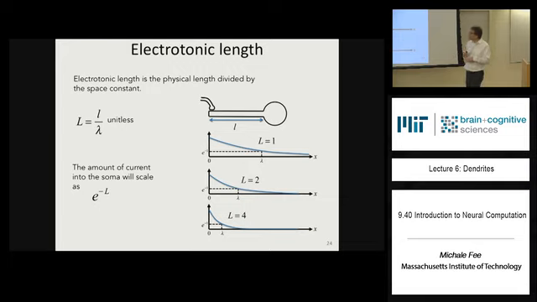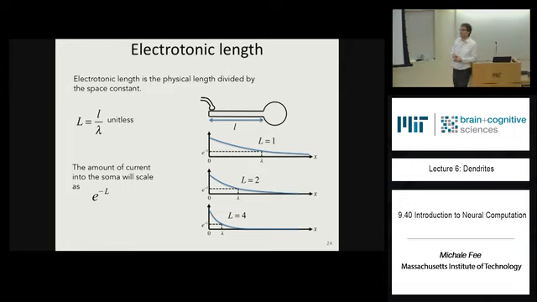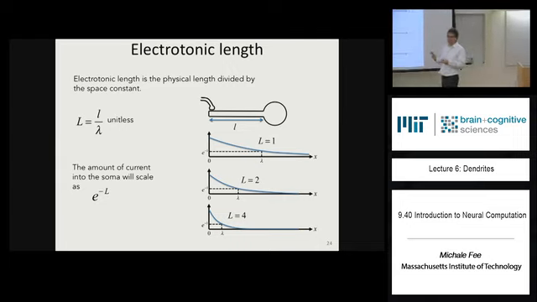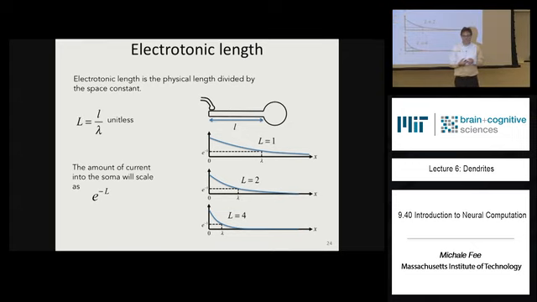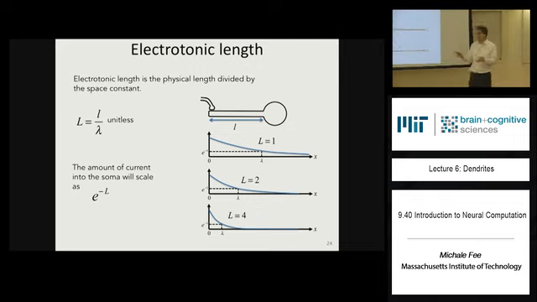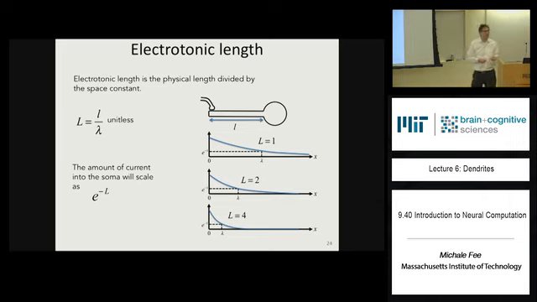Okay? And the amount of signal that gets to the soma goes as e to the minus L, where L is the electrotonic length. So if I told you that a signal is at the end of a piece of dendrite that has electrotonic length 2, how much of that signal arrives at the soma? The answer is e to the minus 2. Okay? About 10%, whatever that is. Okay?